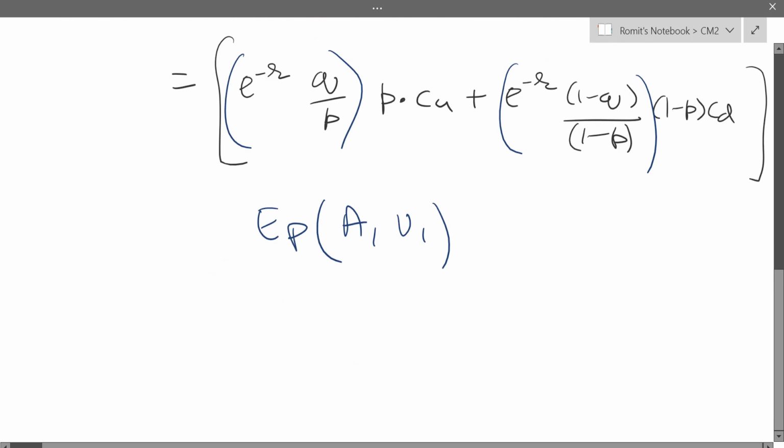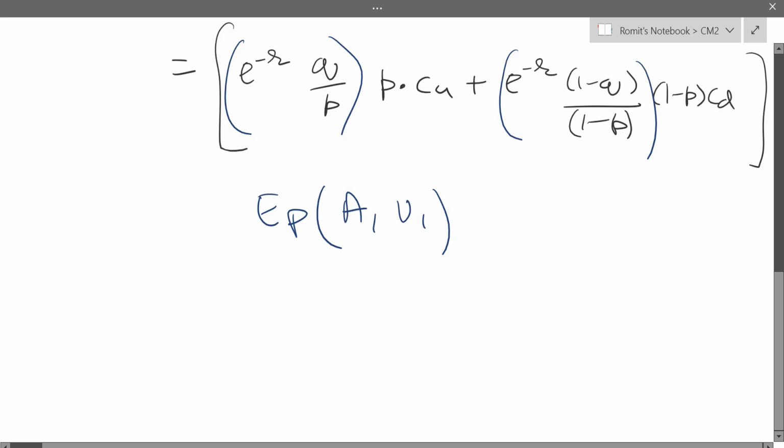But I also have the state price deflator, which is this term and this term, which takes different values in different cases, whether the price goes up or down. So let's just call the state price deflator A1 as I have written it here, and let me define A1 as e to the power of minus r q by p in the case where the price goes up.